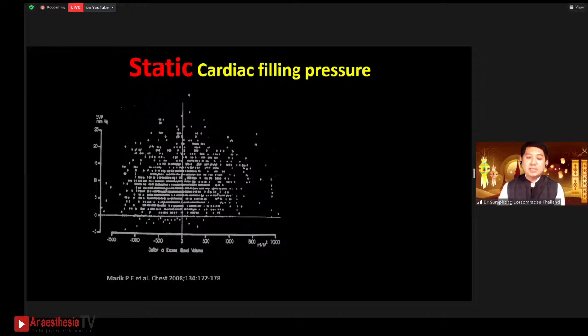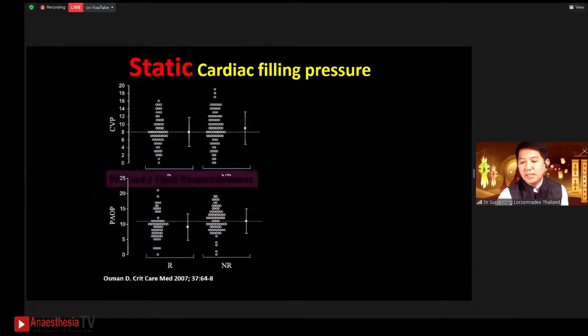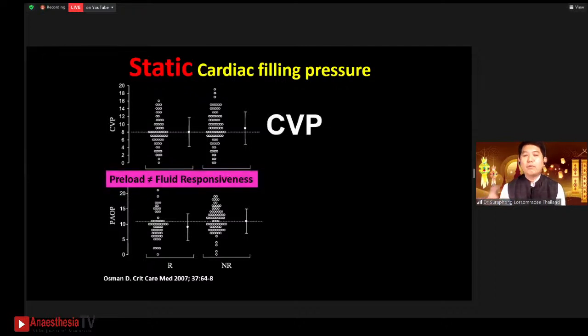When we use central venous pressure, right now we use it for another reason, to understand the venous return. But for fluid responsiveness, we do not use the central venous pressure, especially a single data point.